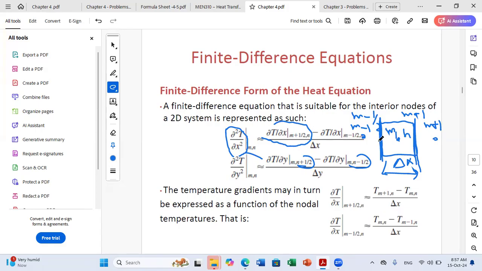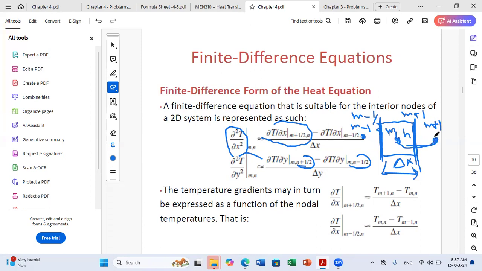And also now I need to replace del T by del x. So when I consider this face, when I consider del T by del x at face m plus half here, I can consider the point just after the face and just before the face. So it's T m plus 1 n minus T m n over the distance between the two.